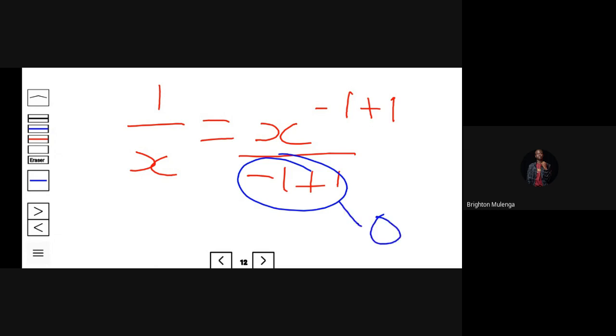And we have been learning that when you are dealing with functions, we always avoid having a 0 in the denominator. So that is the reason why we have come up with the ln. Thank you. So whenever there is something that has a power of 1 in the denominator, always just add ln.